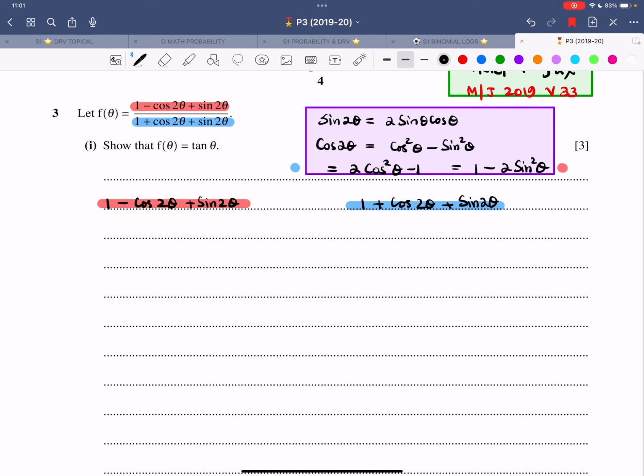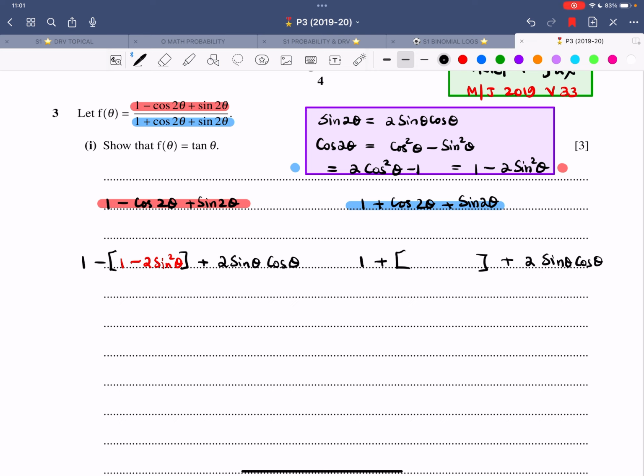So let me write it down. 1 minus cosine 2 theta plus sine 2 theta, which is 2 sine theta cosine theta. So now over here, I write 1 minus 2 sine square theta. And over here, 1 plus cosine 2 theta plus sine 2 theta, which is 2 sine theta cosine theta.